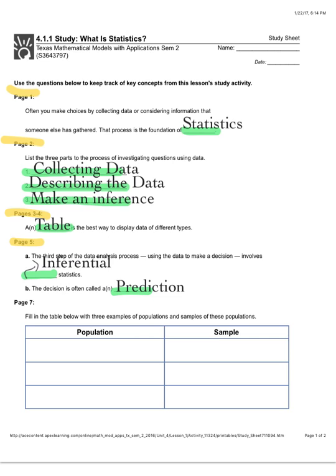Okay, so now that we got those things written down, page 7 says fill in a table below with 3 examples of populations and samples of these. Page 10 on Apex does give a good matching of samples and populations, so I'm going to go with those. They would consider the population as being all of the faculty and staff at MHS, and the sample would be just the math department.